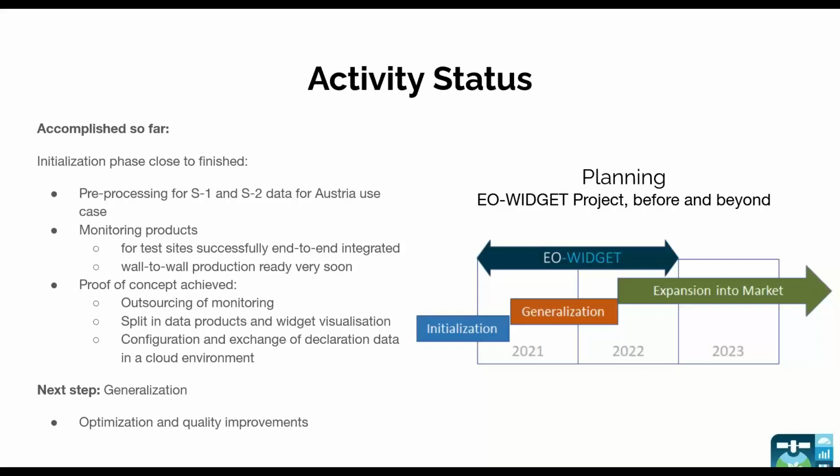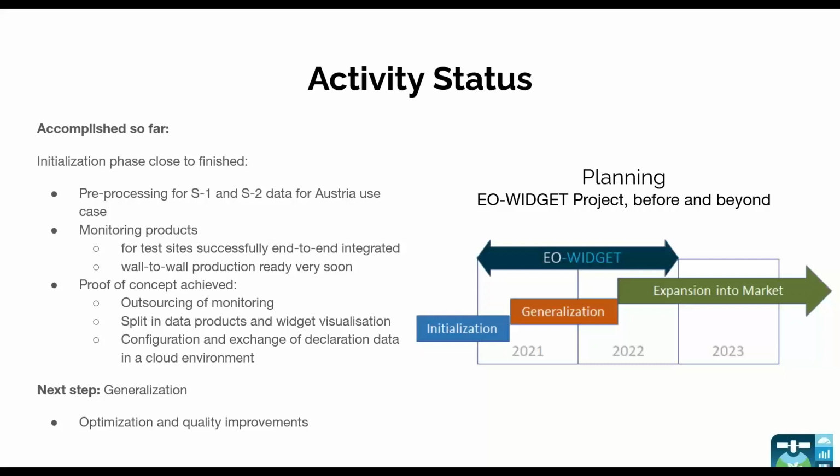So the whole concept of splitting the data products, the visualization, all in a cloud-based environment, was successful. So we have a proof of concept that the approach can work. We're already integrating commercial data, also in a beta stage, into there. And so the next step would be the generalization phase. This is optimization on system level, but also, of course, quality improvement on the different data products.